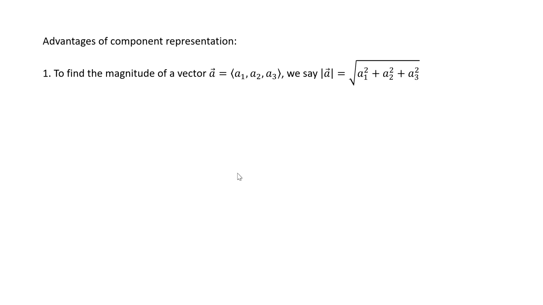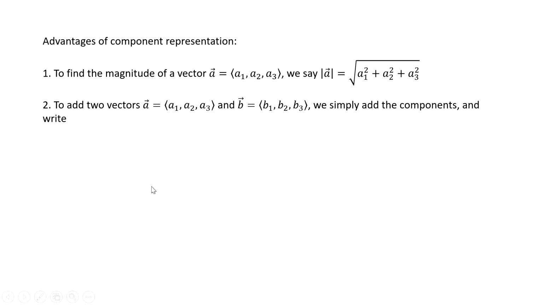And also adding vectors becomes so much simpler. Earlier we saw the graphical method. You had to use the triangle method or the parallelogram method, draw, and all kinds. But if you already know the vectors in component form, we simply add the components.